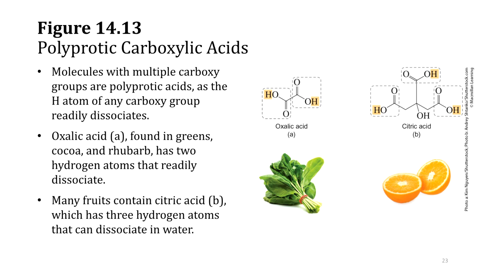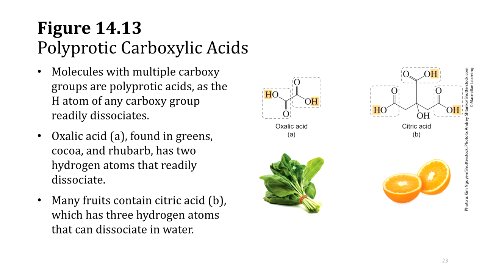There are polyprotic carboxylic acids. These are molecules that have a carboxylic acid at multiple ends. In figure A, we've got a simple one. This is a 2-carbon chain, so it's like acetic acid, but both carbons have been oxidized to a carboxylic acid.